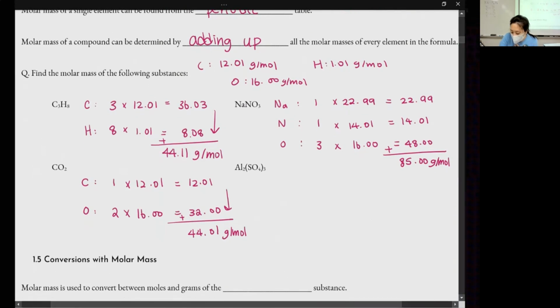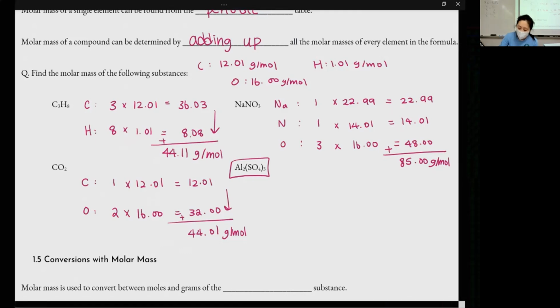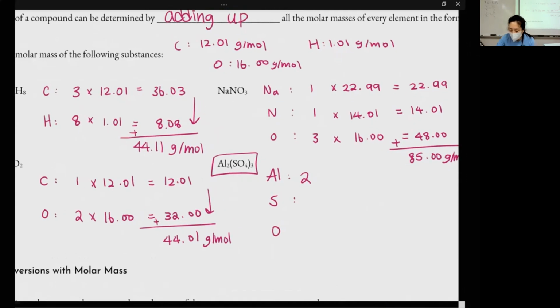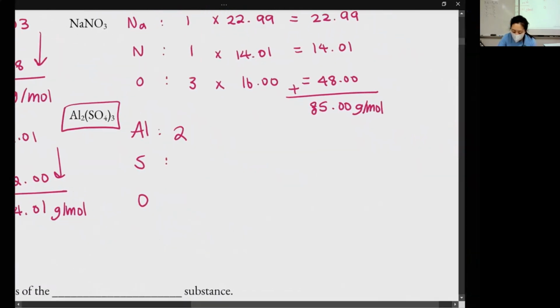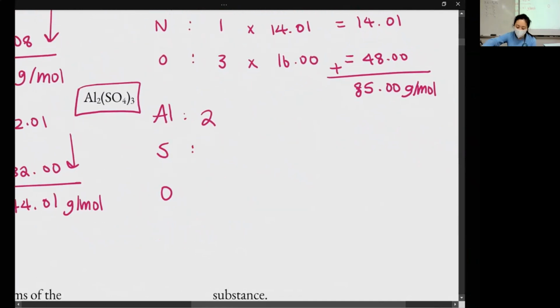All right, the last example is something that I want you to pay a little more attention to. This one we know has two aluminum, sulfur, and oxygen. I'm going to enlarge this to emphasize.